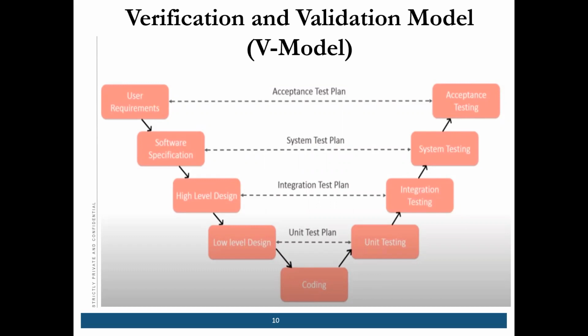Then comes the low level designing. Low level designing is when we write the classes, all the packages, how we have to use those packages and classes, what all functions and methods are involved, all the naming conventions, every detail of your designing part should be done here.